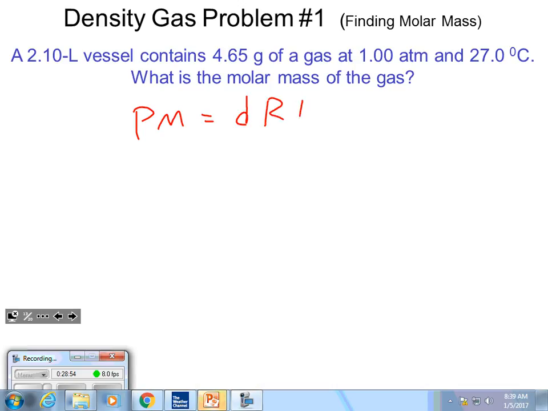I know PM equals dirt. What am I trying to solve for here? Molar mass, which is what? M. So I'm trying to solve for M. If I divide both sides by P, I can get M by itself, right? So M is equal to dRT over P.